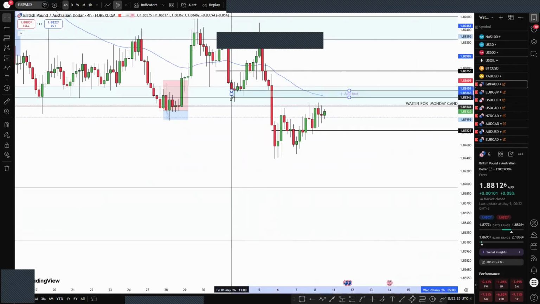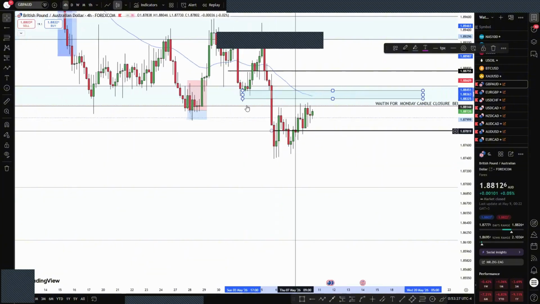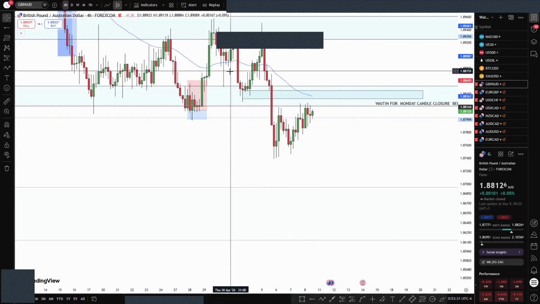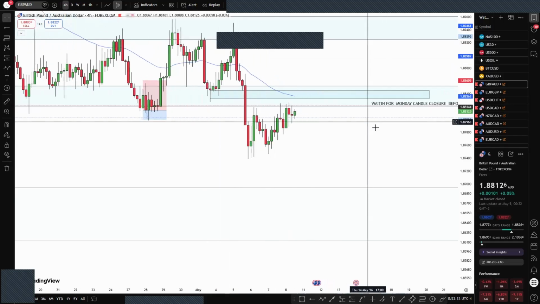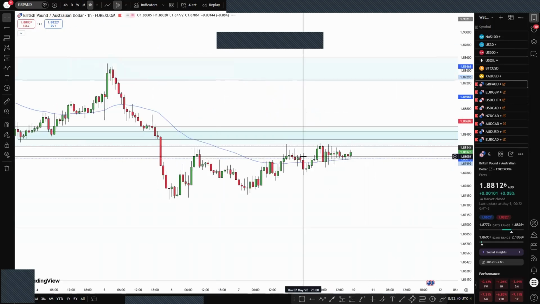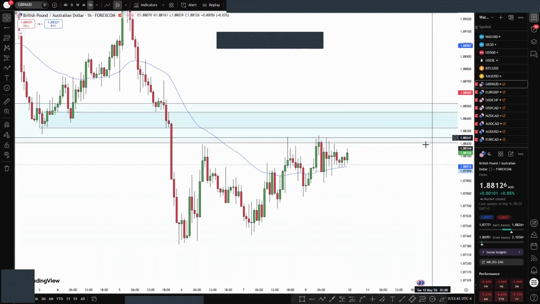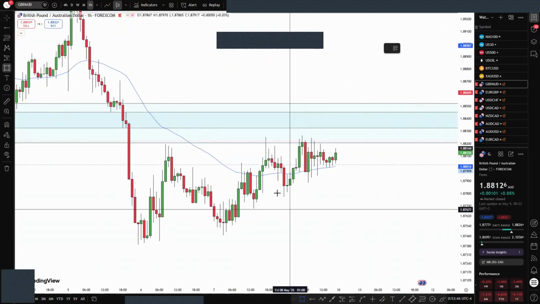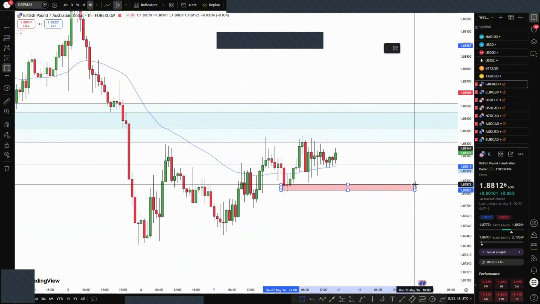I'm waiting for price to come back at this level as well, and just see how the market will react. I was using this as an example: when price is at this level, you can clearly see that the 1 hour is bullish.